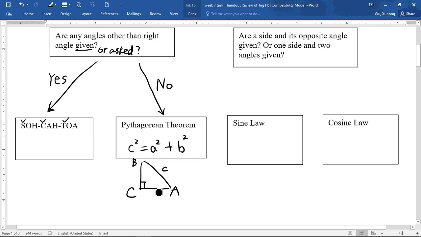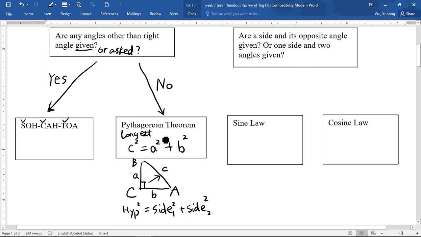If the side opposite the 90 degrees is not side c, then you are going to use hypotenuse squared equals the other two sides squared, side 1 and side 2 squared added together, okay? So remember always the longest side by itself, okay?